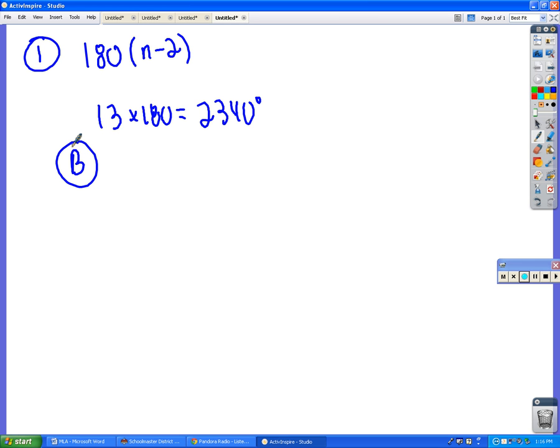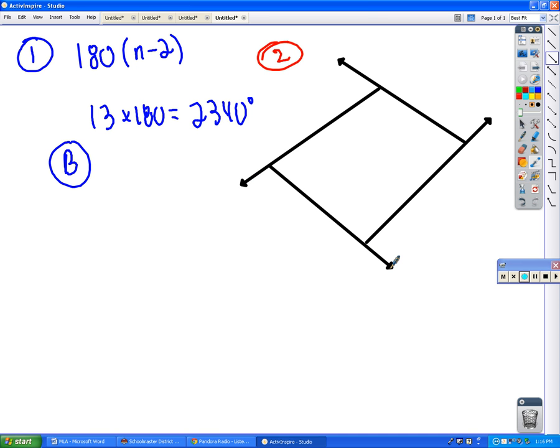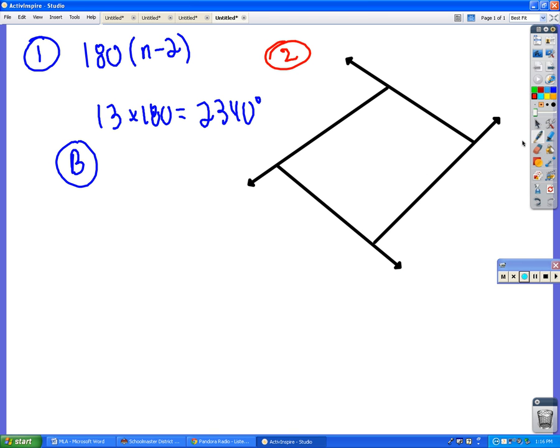Okay, then number 2 has this crazy funky drawing, and you have to figure out what's going on with that. In order to solve this problem, you have to remember something that's true about the exterior angles of a polygon. Because they go all the way around the polygon, they will add up to 360 degrees.